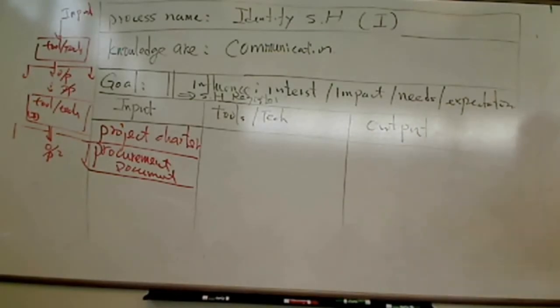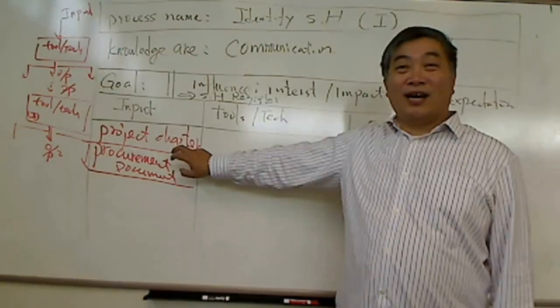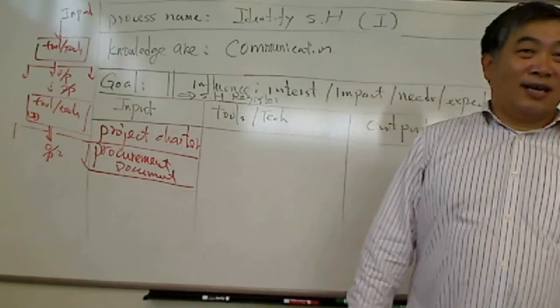Remember who the stakeholders are: sponsor, initiator, project manager, project team. What else? Vendor, supplier. Vendor and supplier are your key stakeholders. What does a vendor or supplier do? Provide things. Contractors do things, right? They need what? Procurement documents. Right? Understand this?